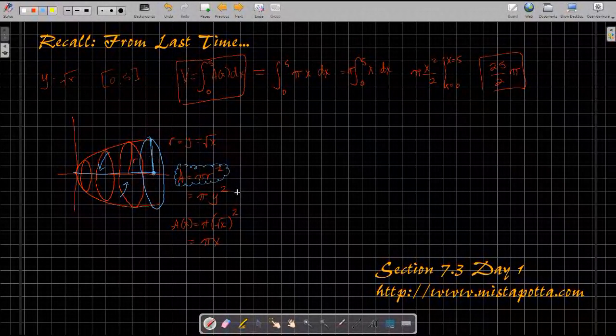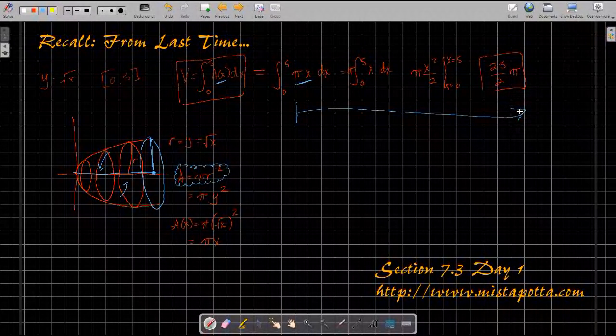So for our purposes here, it's really pi times y squared. And so we're going to get our area function, but once we got this pi times x, everything else from this point forward was exactly the same as what we talked about last time.